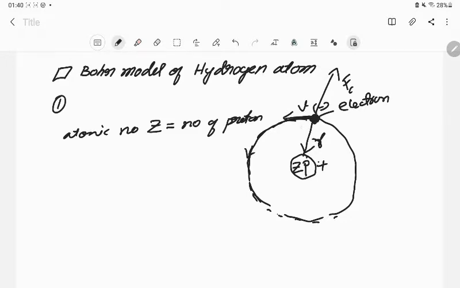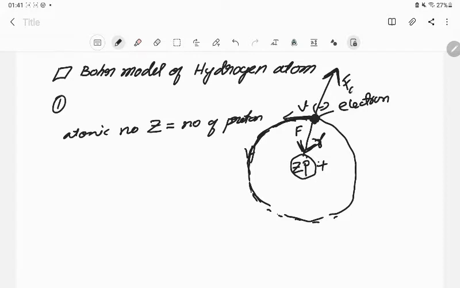We have studied in Coulomb's law, electrostatic force F in this direction, and centrifugal force will be in this direction. So since the electrons are revolving around the nucleus, that means this centripetal force and this electrostatic force are equal. That is why it can revolve around the nucleus.